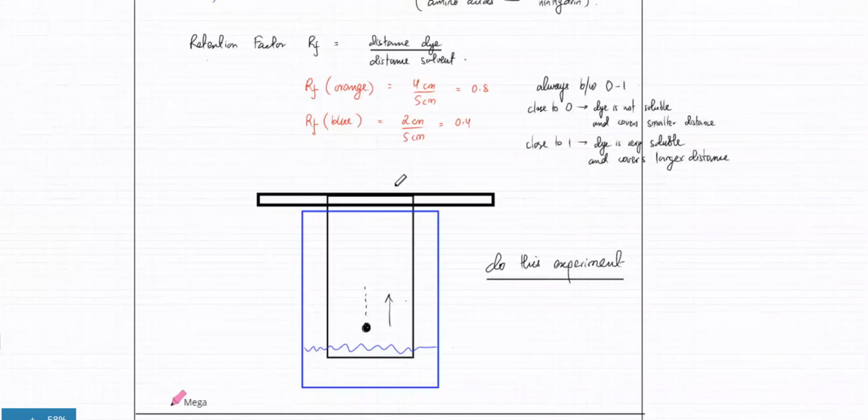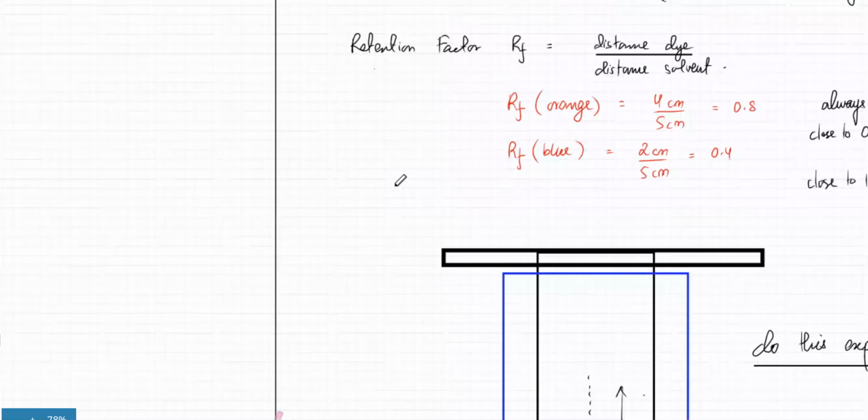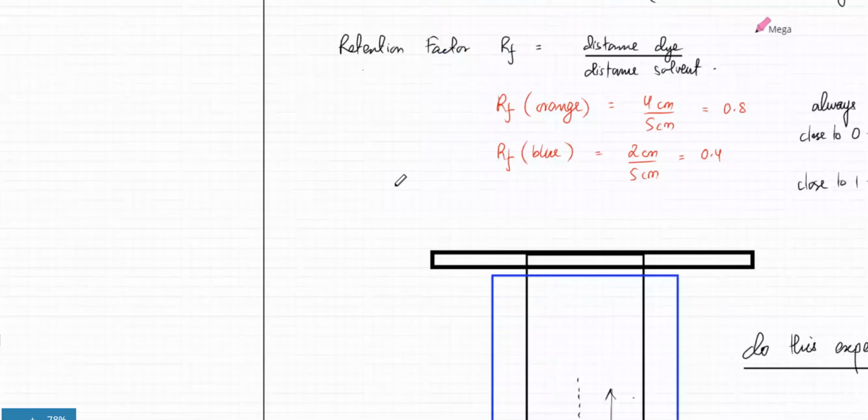Moving on, let me add one more small point. That small point is that if dyes travel the same distance, that means they are probably the same dye.